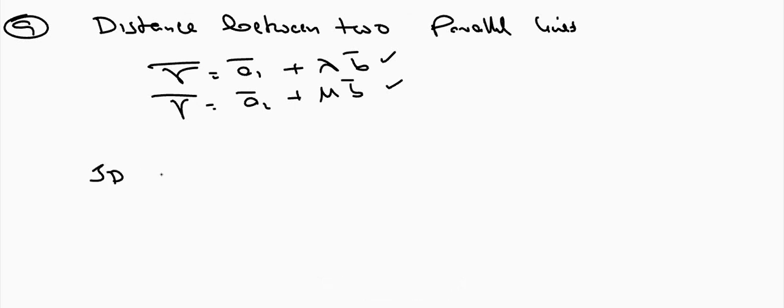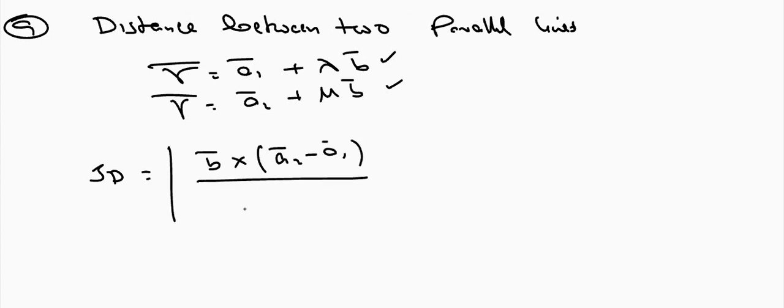Then the shortest distance equals the modulus of (b vector cross (a2 minus a1)) divided by the modulus of b vector. Clear?